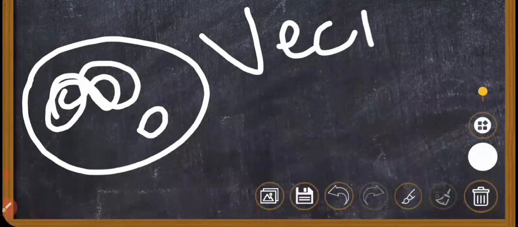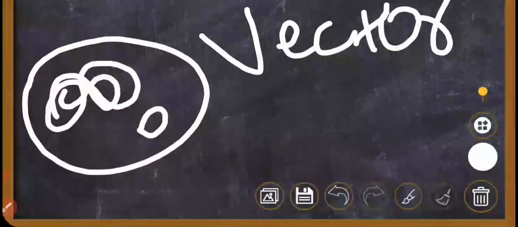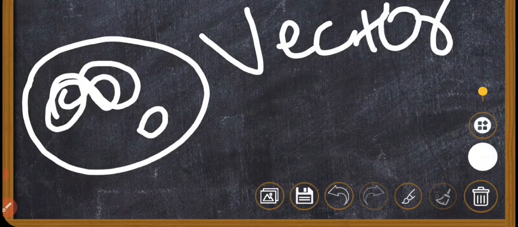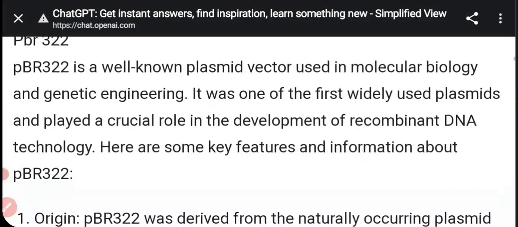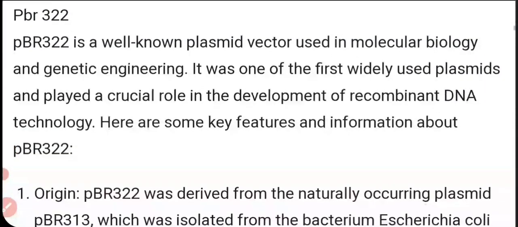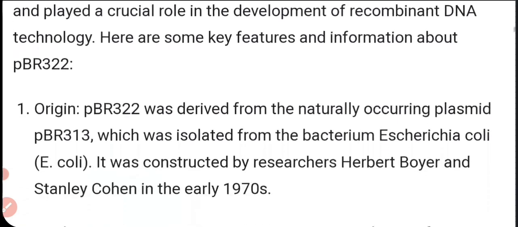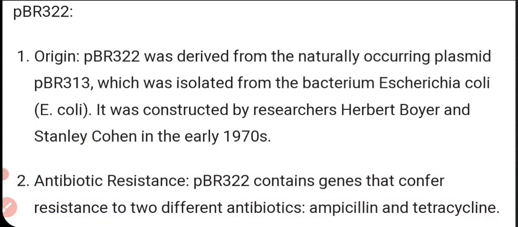So we will discuss one important vector called pBR322. It is a well known plasmid vector, and it has some key features. It has antibiotic resistance genes within the vector.